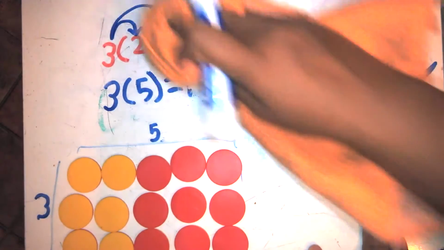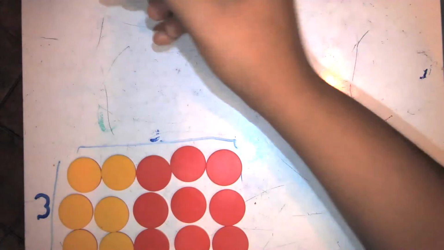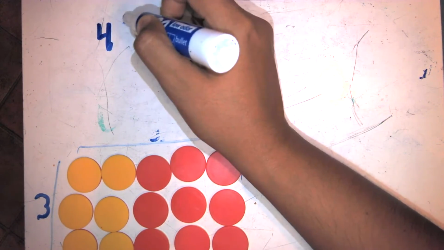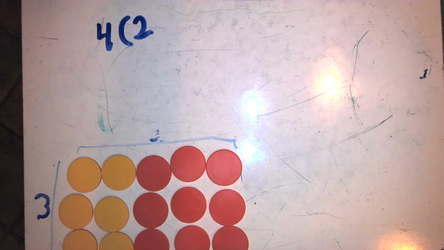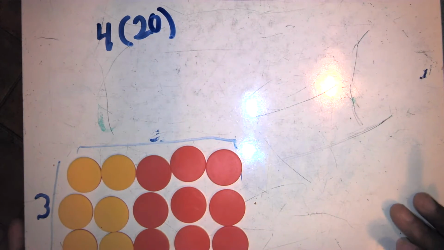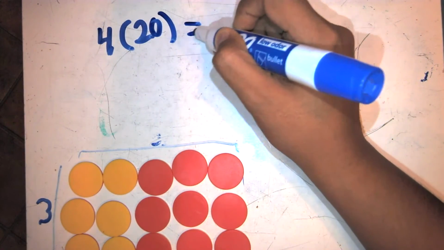Let's do another example. Okay. So for example, let's say I have 4 times 20. So 4 times 20, 4 groups of 20, is going to give me 80.